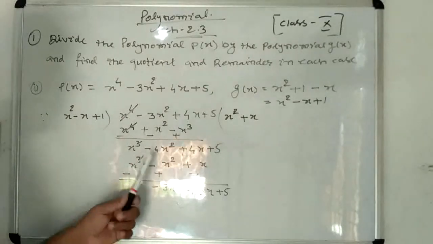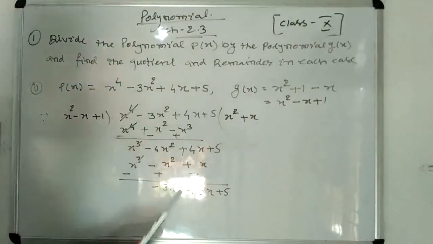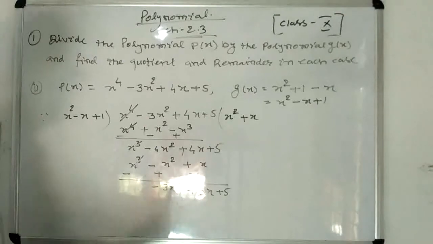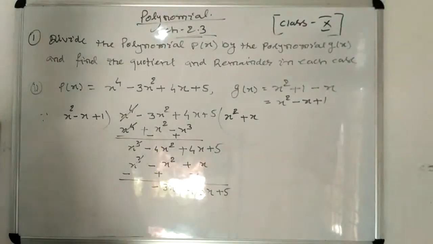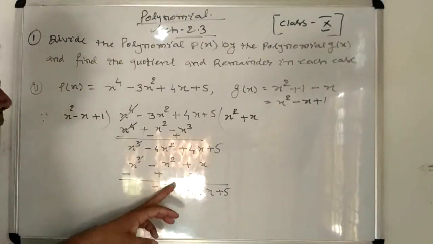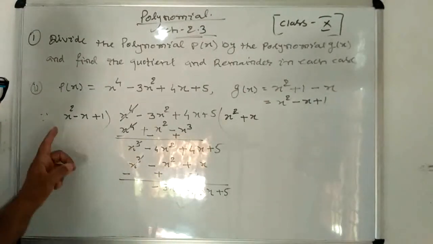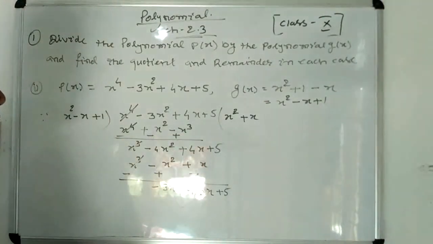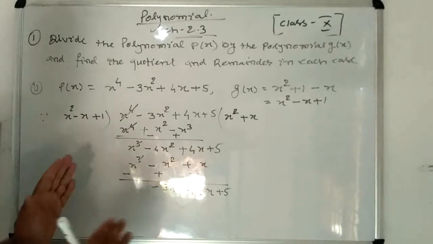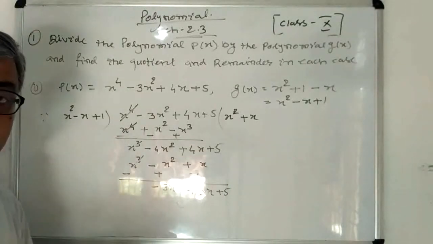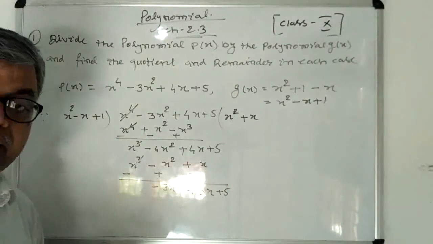So now you got minus 3x square plus 3x plus 5. Now children, our first term is minus 3x square, and here it is x square. So by which number will you multiply the divisor to get the first term minus 3x square?